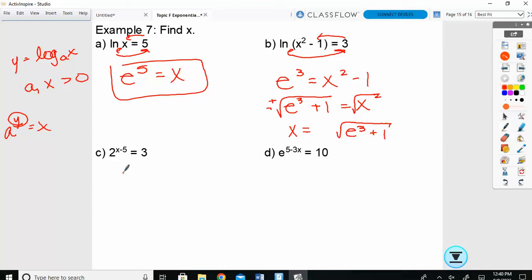This one is an exponential. So what we could do is take logs of each side. You can do the natural log or the common log, whatever you like. In your equation, you have to do the same thing to both sides. Properties of logs. What happens to your exponent?